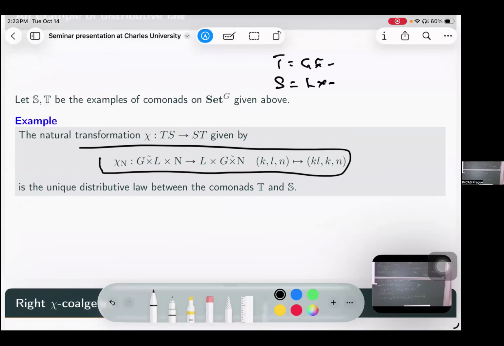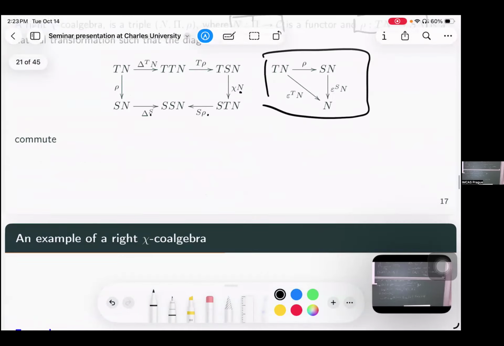So this is like an extension of this example here. Okay, so yes. I give an example of a chi, and I give examples of what a right chi co-algebra is and what a left chi co-algebra is, using the same chi. Yes. Thank you. Okay.